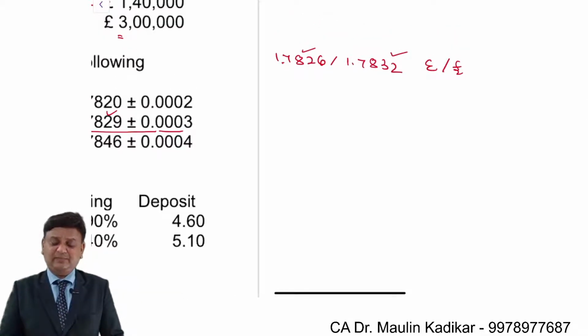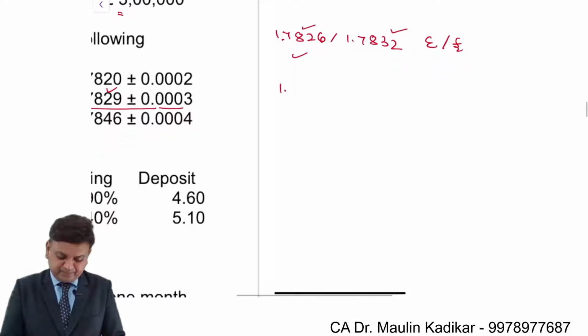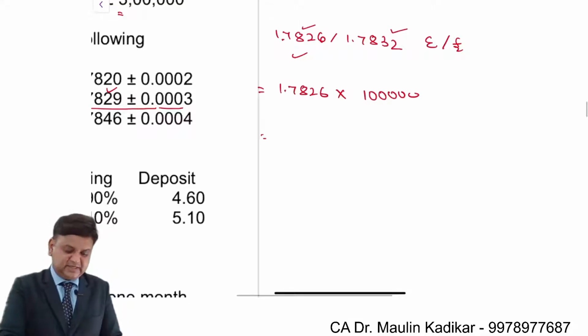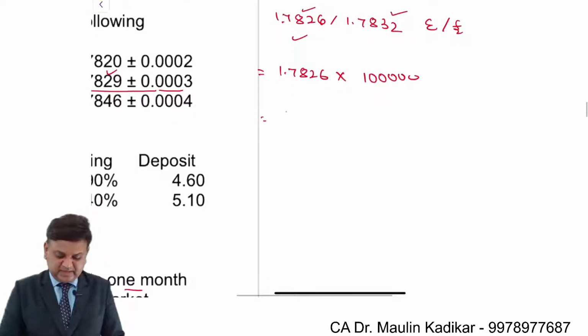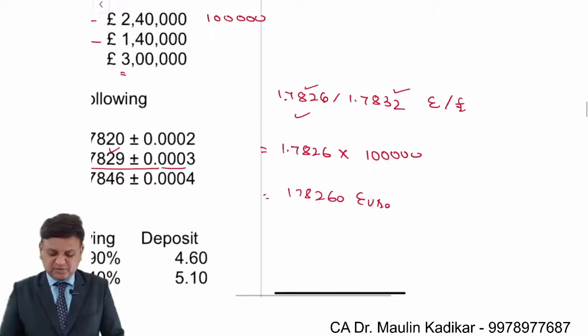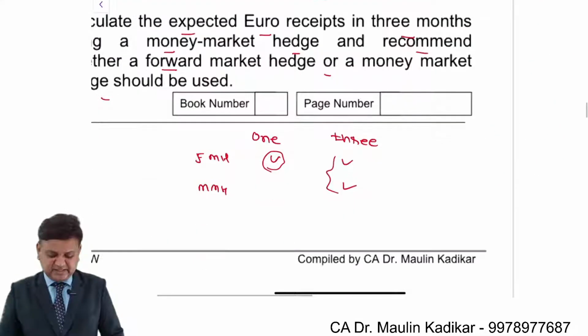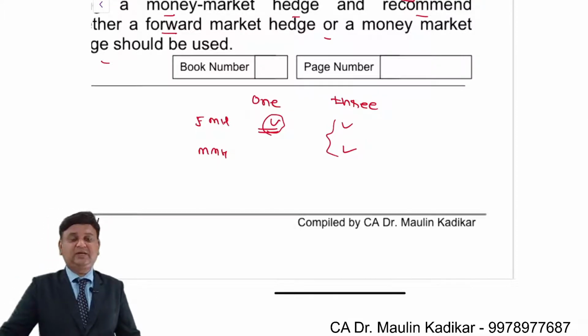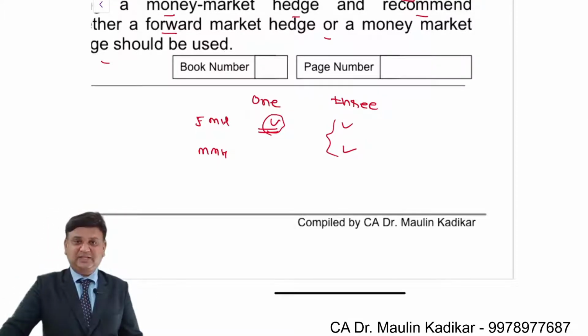So for every 1 pound you will get a lesser amount of euro. So the applicable rate is 1.7826 into 1 lakh. The product of these two is 1,78,260 euro. This is the answer for the 1 month forward market hedge.